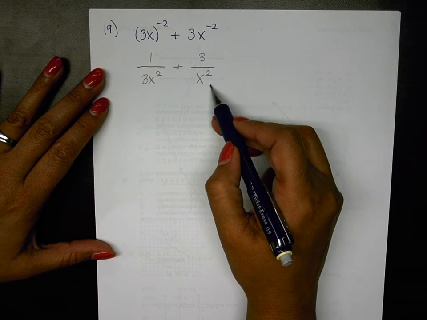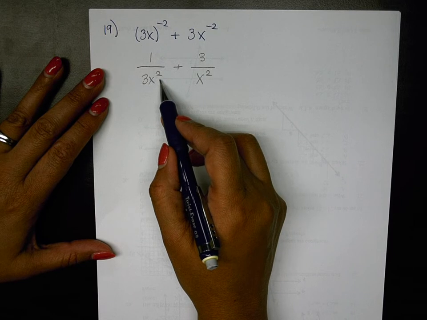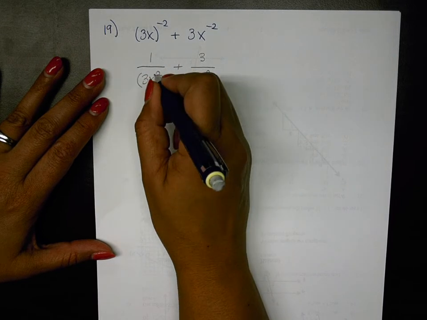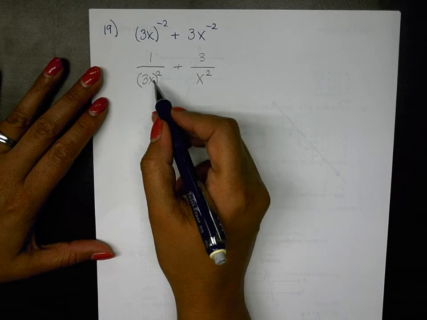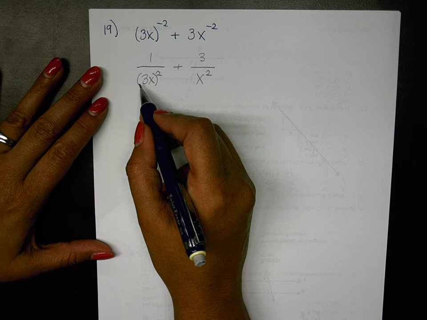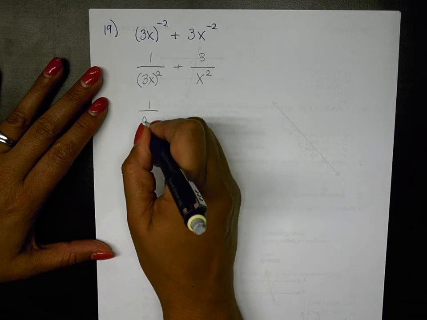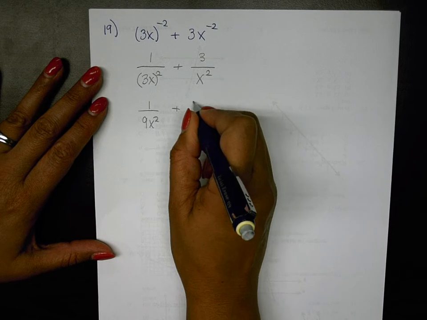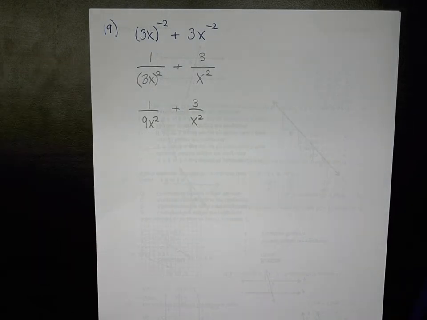Yes, it moves down, but the parentheses are there to begin with, so it's still there because you're not only squaring just the x, you're still squaring the 3. So it's not 3x squared, it's 3x times 3x, which is 9x squared. There is a difference. If you wrote it as just 3x squared, you're going to get it marked wrong.